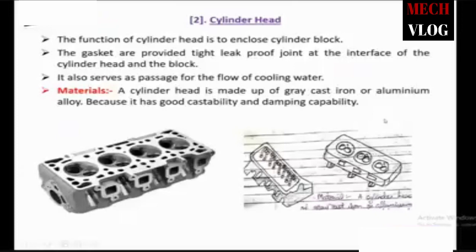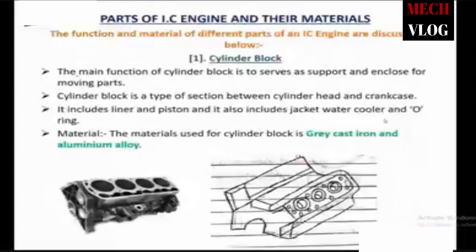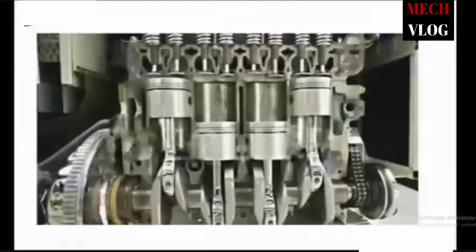The next important one is the cylinder head. The function of the cylinder head is to enclose the cylinder block. This is our cylinder head. It comes on the upper portion of the cylinder block.